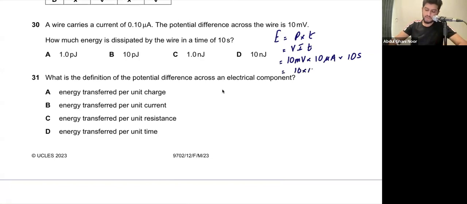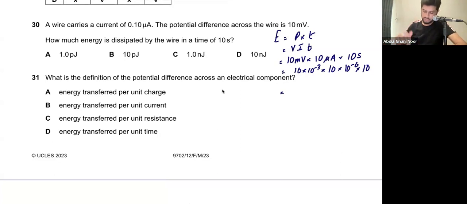So 10 into 10 to the power minus 3 into 10 into 10 to the power minus 6 into 10. सही है. तो यहां पर हमारे पास, if you work this out, 10 into 10 to the power minus 3 into 10 into 10 to the power minus 6 into 10.